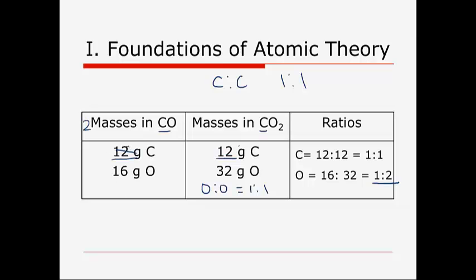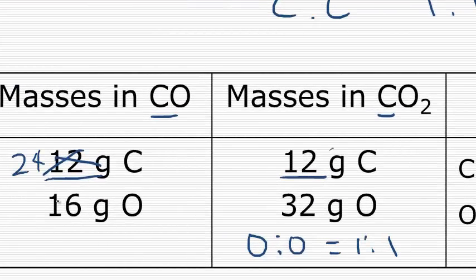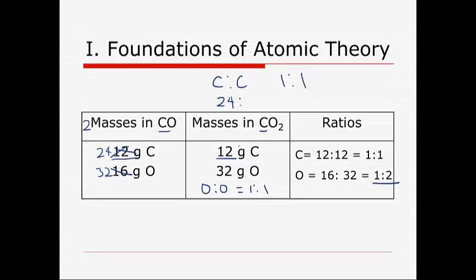This would be twice as much, 24, and this would be twice as much also, 32. Now you can compare the oxygen to the oxygen. In this case, O and O will be 1:1, but now the carbon will be 24, which came from here, and this carbon will still be 12, which came from there. So the ratio of the carbon to carbon is not 1:1, it's actually 2:1.